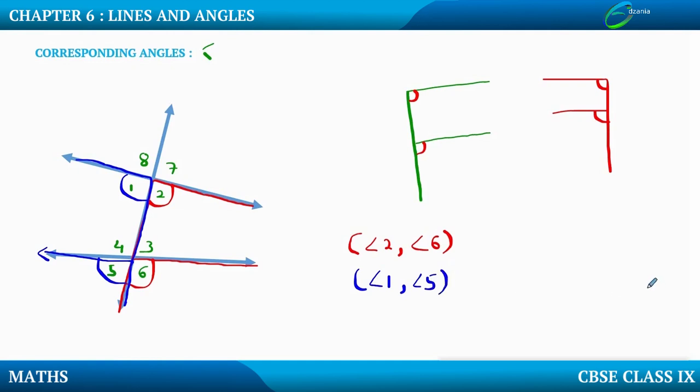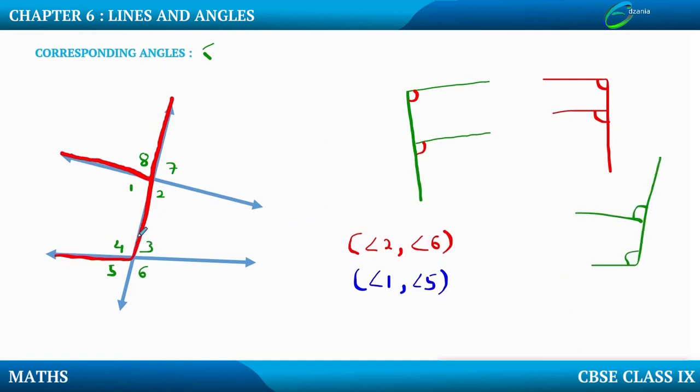So are these the only pairs? No. Now what I can do is take an inverted F as well. Observe this properly. Just see carefully, inverted F. So if I take this line and I'm drawing it like this, can you see this inverted F over here? So I can say that this angle 4 formed over here and angle 8 formed over here are again said to be corresponding angles.